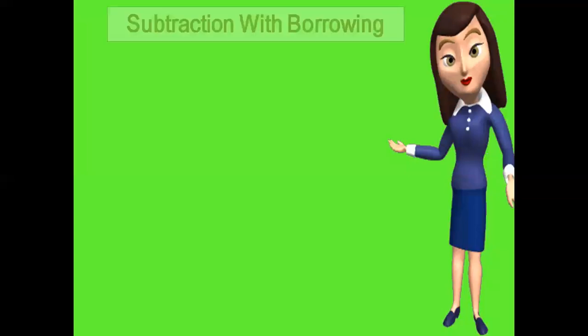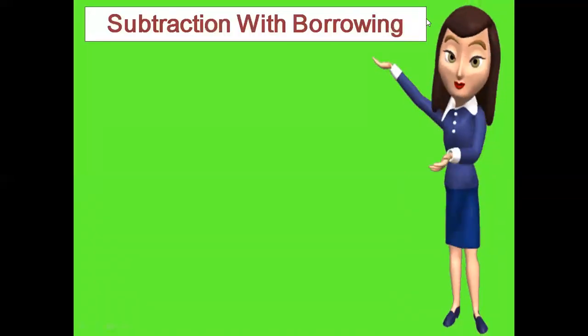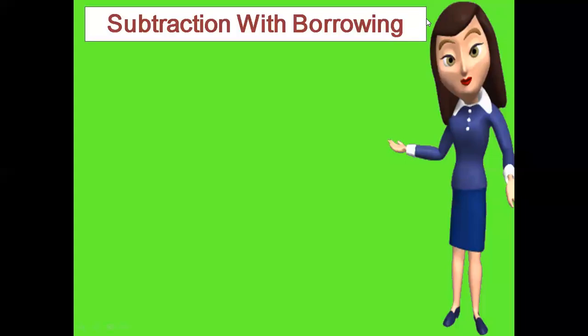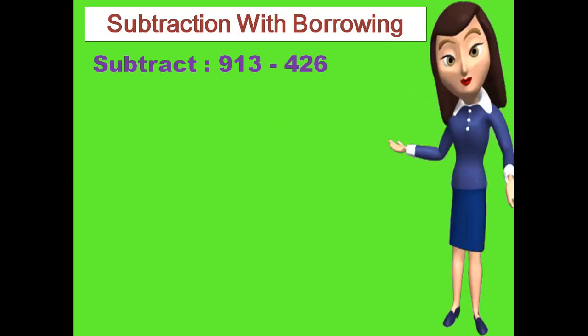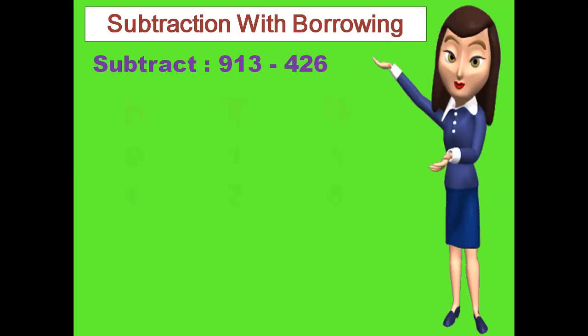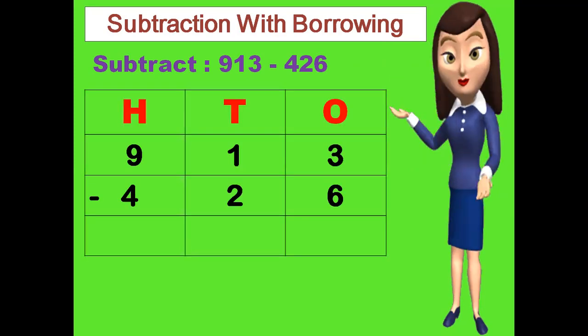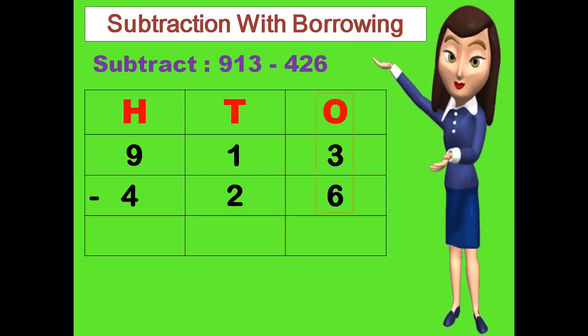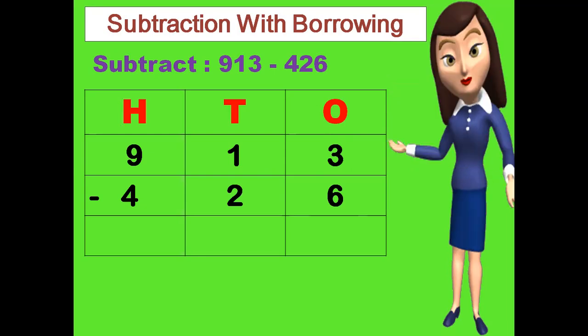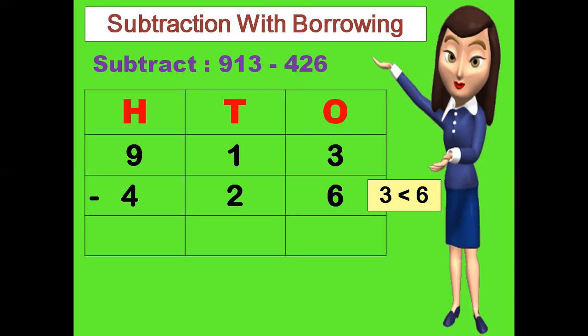Now subtraction with borrowing. The question is subtract 426 from 913. So the step 1 is arrange the numbers in columns. Now start subtracting ones from ones. But here we know 3 is less than 6.